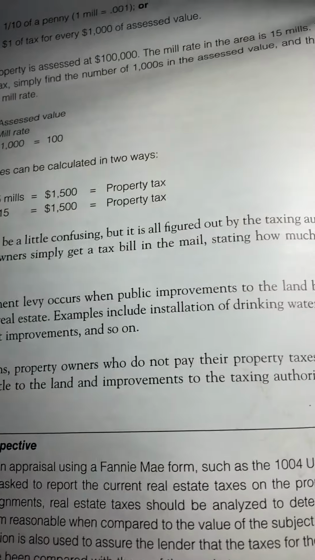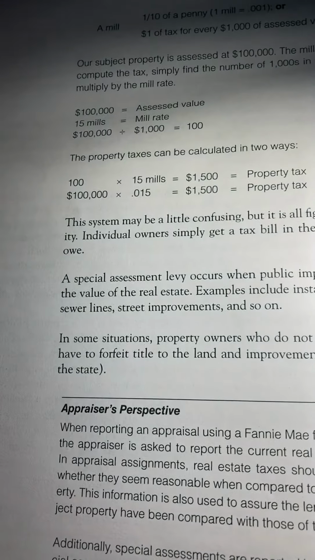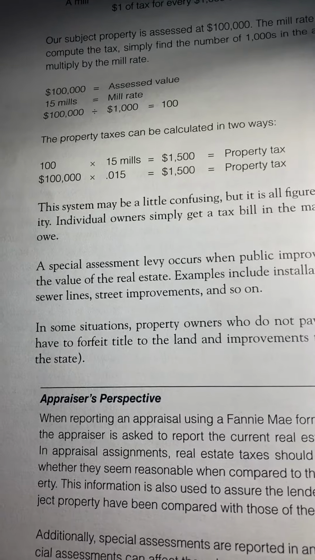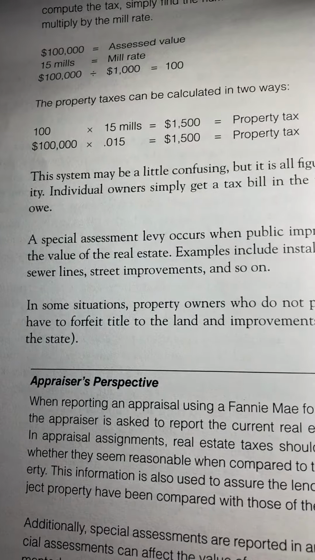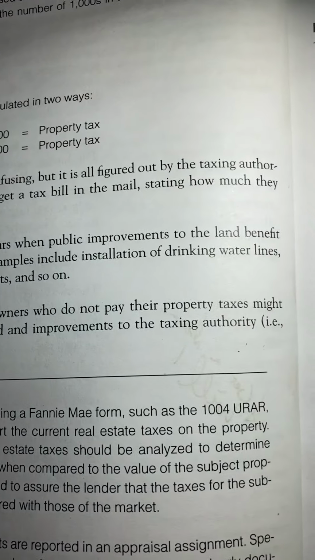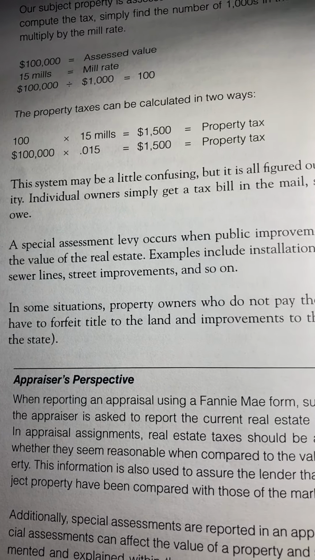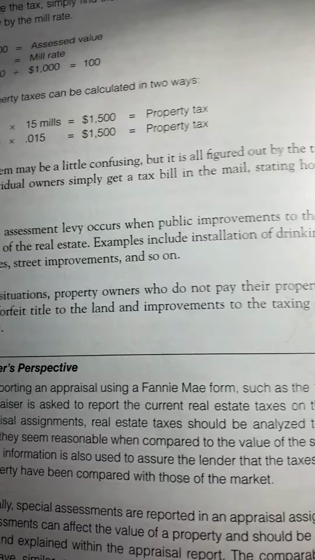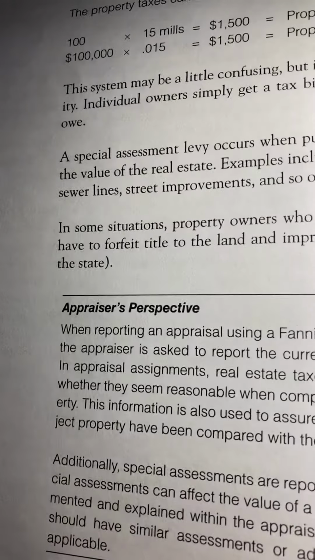Examples include installation of drinking water lines, sewer lines, street improvements, and so on. In some situations, property owners who do not pay their property taxes might have to forfeit title to the land and improvements to the taxing authority, for instance, the state.